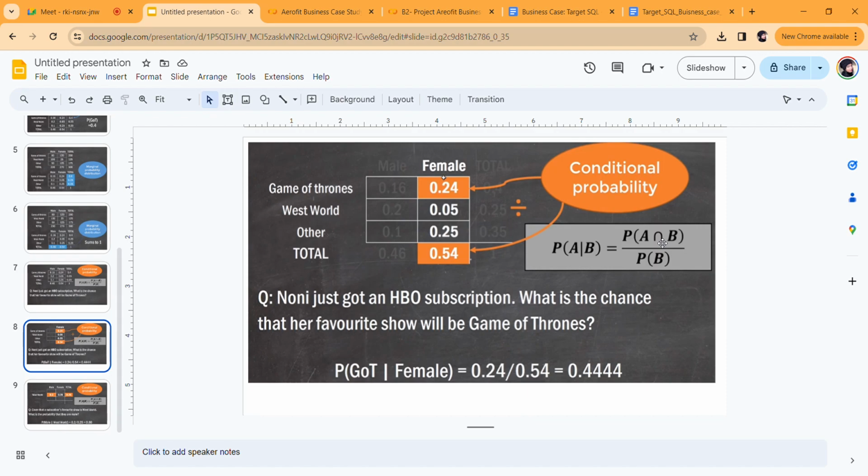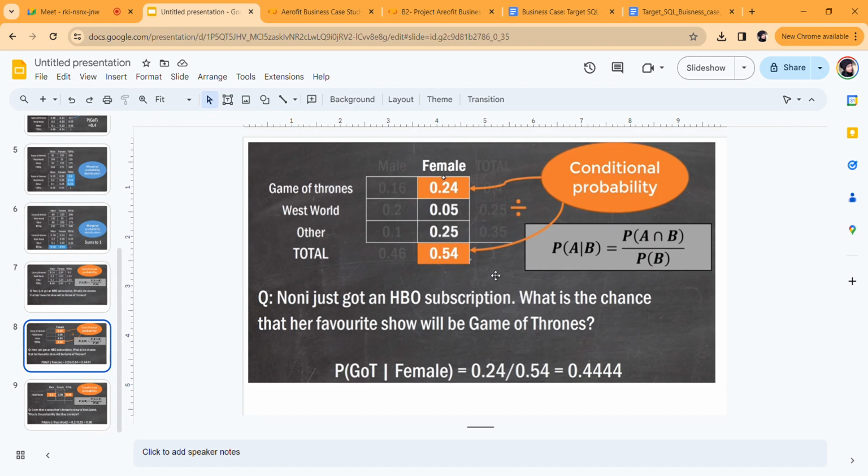So this is the joint probability at the top. You have to understand this logically. If we already know that they are female, then we don't need to take the total population. We already know that female probability of Game of Thrones is 0.24, female probability of watching Westworld is 0.05, and the other is something else.